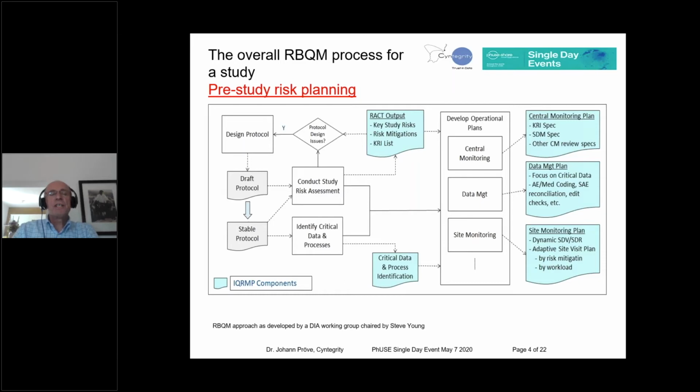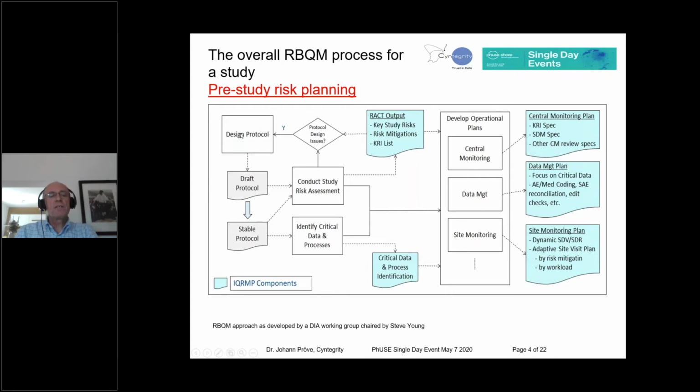So this chart here shows the pre-study risk planning. On the left-hand upper side, you have a protocol, and you may wonder, is this the right starting point to start with a protocol, or shouldn't it be already on a therapeutic area level that one starts, or at an asset level? So the protocol is available.